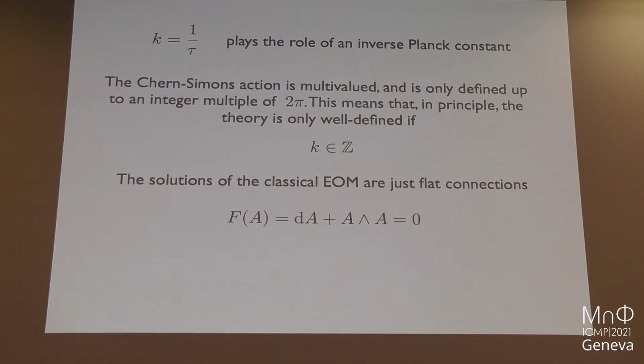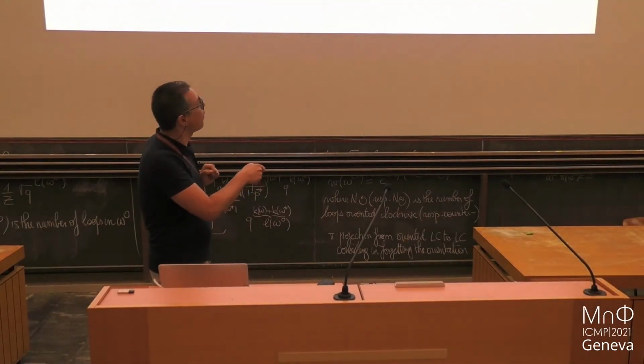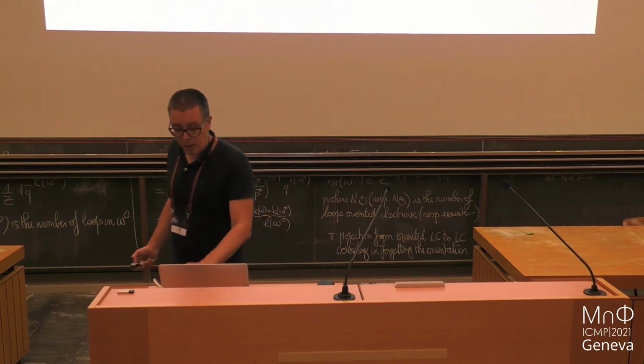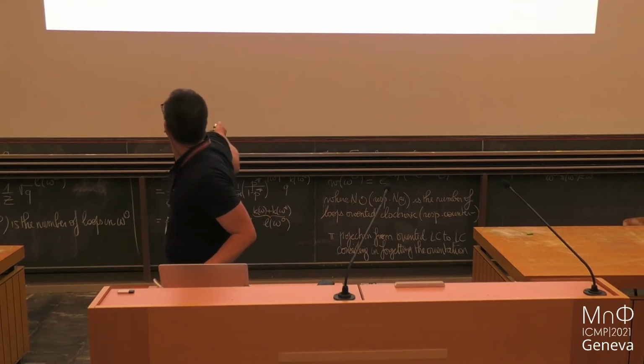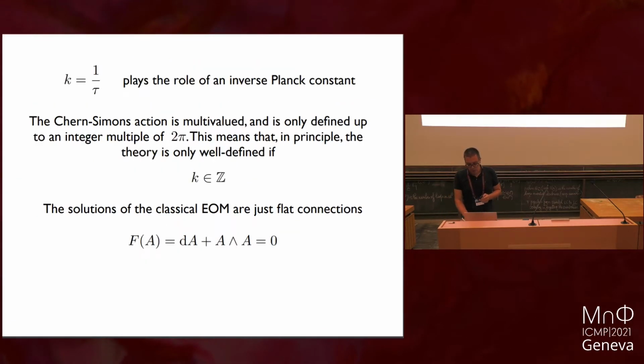So these are going to be the saddle points for doing a saddle point analysis of this path integral. Remember that at some point in my lecture, I was introducing one-dimensional integrals for which you can do saddle point analysis. This is what physicists actually do in order to do perturbative expansions. Essentially, any saddle point of this action functional should be a base point for doing a perturbative expansion. And here we have learned that the base points for doing this perturbative expansion are going to be flat connections. Okay? So this is, if you want, the basic classical Chern-Simons theory.